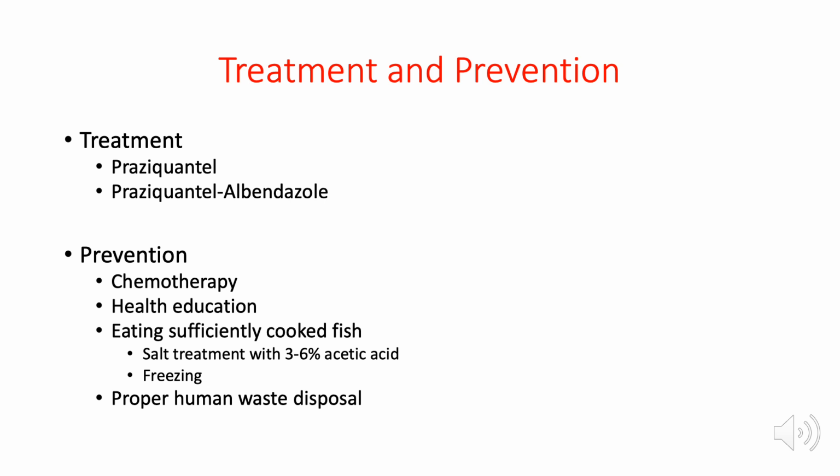The 3 to 6% acetic acid will increase the diffusion of the salt into the meat of the fish, and the salt now will be able to kill the encysted metacercaria. Freezing the fish meat can also kill the metacercaria. And another means of preventing possible cases of clonorchiasis and opisthorchiasis is proper human waste disposal.